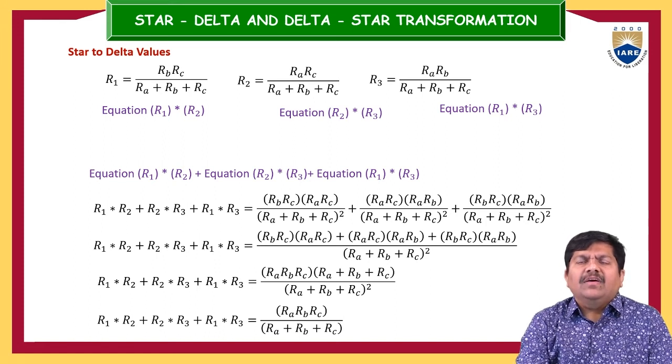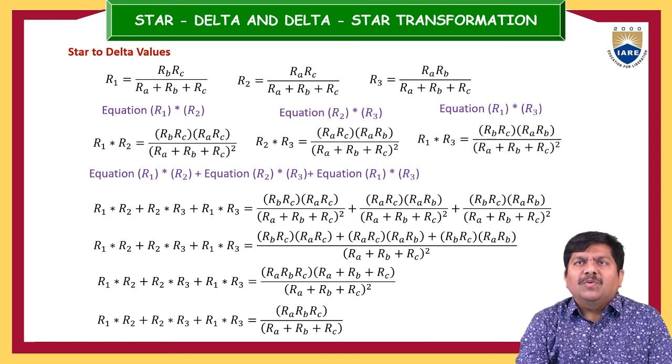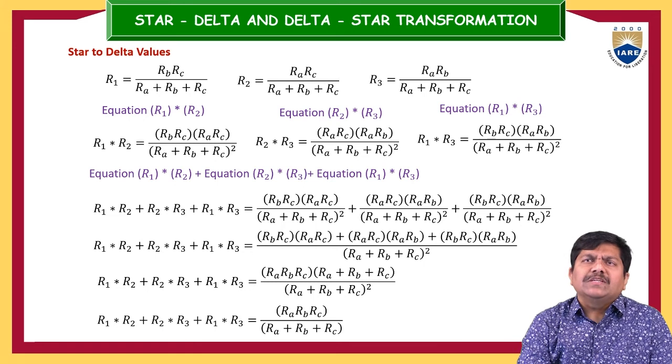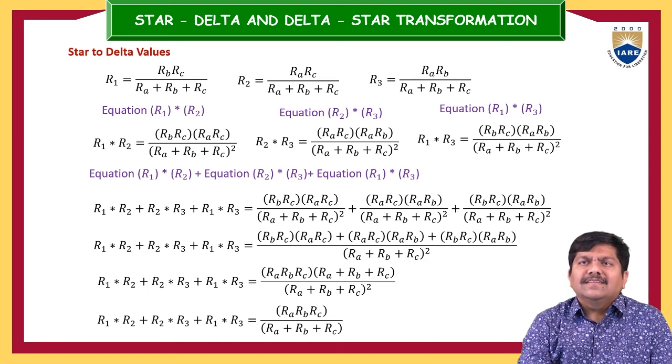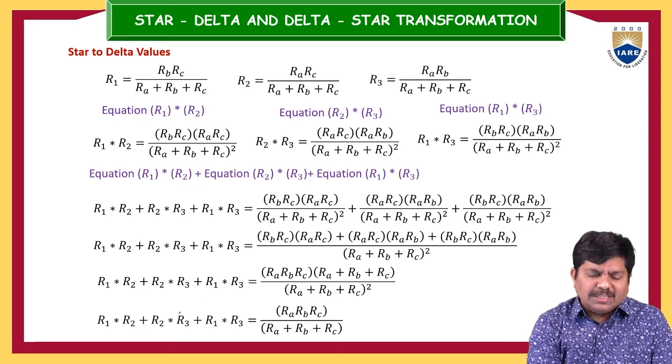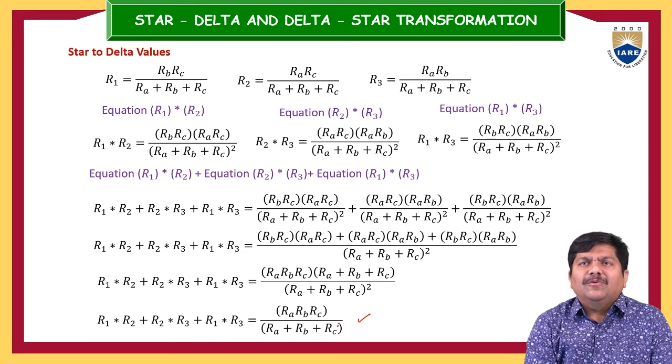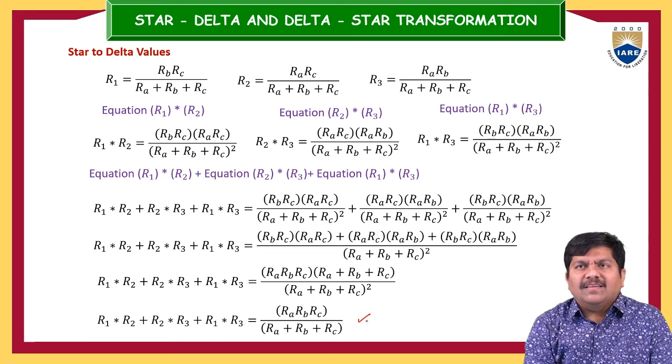So if you are taking R1 and R2, and similarly R2 and R3, and R1 and R3, the values are nothing but R1, R2 is equal to RB, RC into RA, RC, and again after taking the product between two adjacent terms, and if you are summing all these equations, we will directly get this last expression. If you could see, R1, R2 plus R2, R3 plus R1, R3 is equal to RA, RB, RC divided by RA plus RB plus RC.